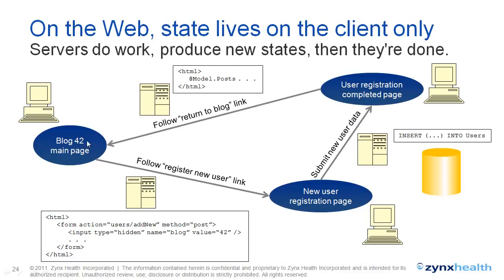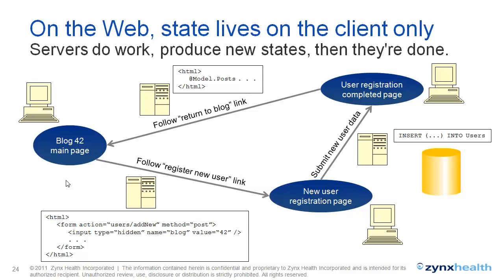Here we're starting off on the main page of a blog, and the blog allows you to register as a user, maybe to post comments. And part of the state embodied in that hypermedia is what blog you're on, so that when you register as a user, the back end will know what blog you are interested in being a user of.